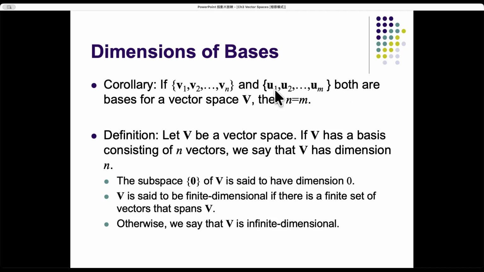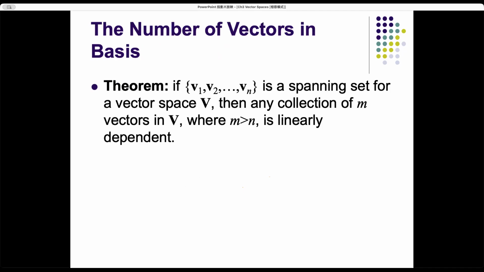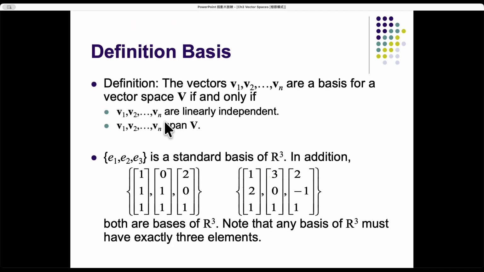And the second set, u1 to um, according to the definition of the basis, these vectors are independent, right? If you have a basis, the vectors in this basis must be linearly independent, right?